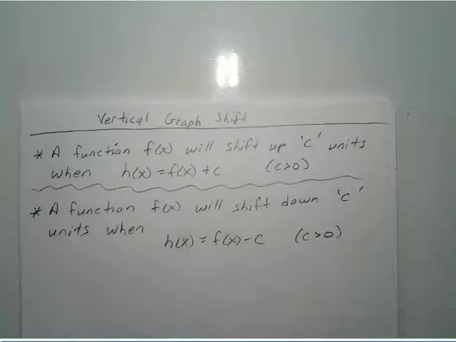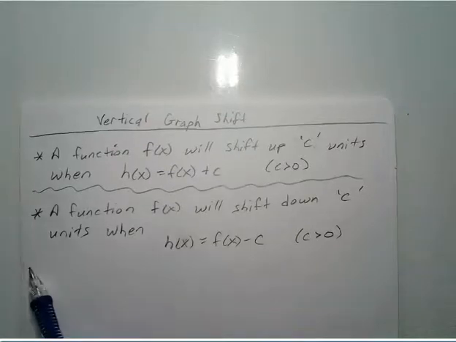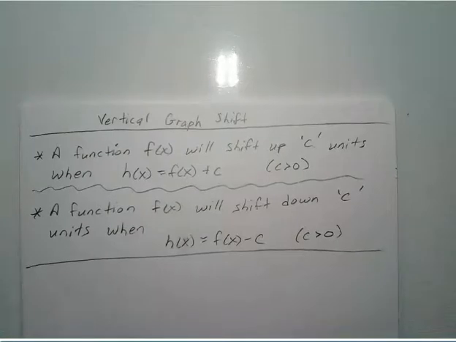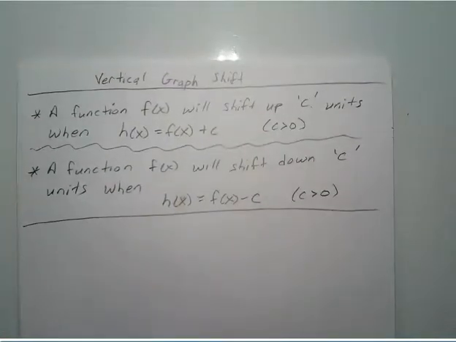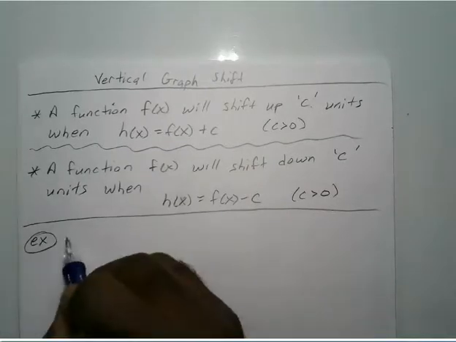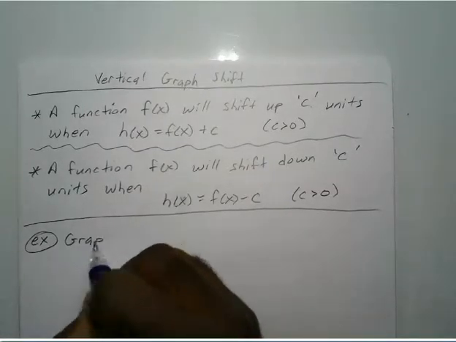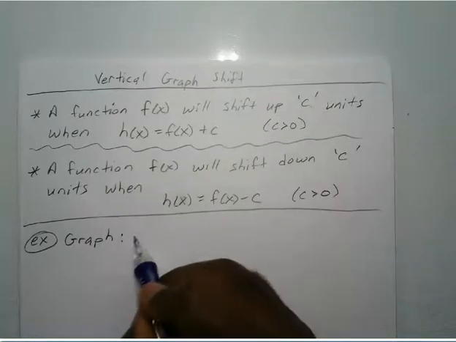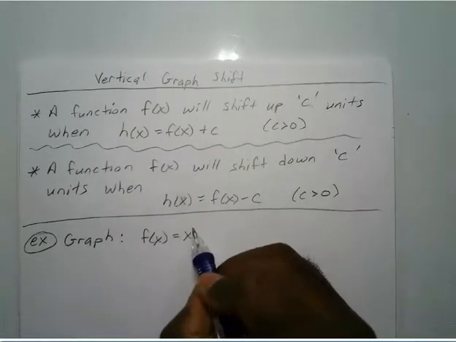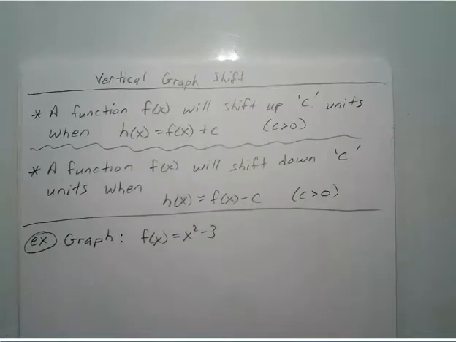Okay, so now we're going to go ahead to our first example. All right, so let's say for our first example, we want to graph f of x equals x squared minus 3.